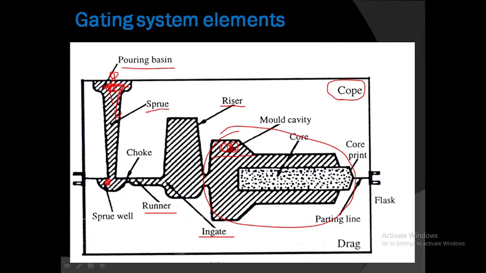Next, the sprue. The sprue is the passage through which metal flows to the runner.